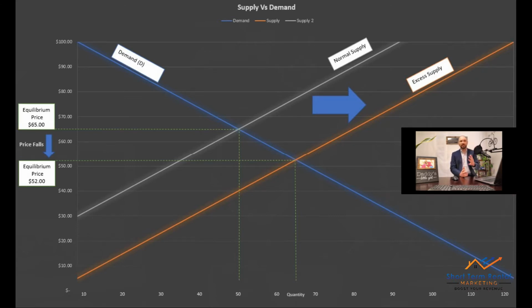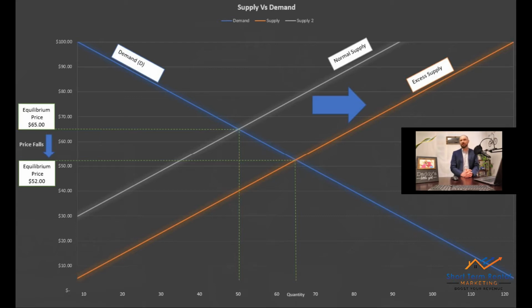So as you can see here, I've created the standard supply versus demand chart. And as demand increases, so does your pricing, right? As supply increases, your pricing should have to go down because if your pricing is higher than the available demand, then you've got an abundance of supply.